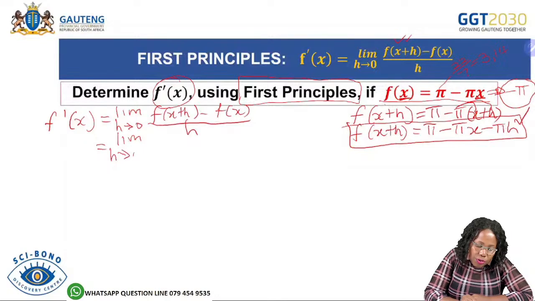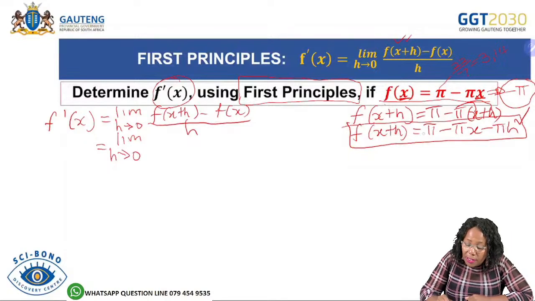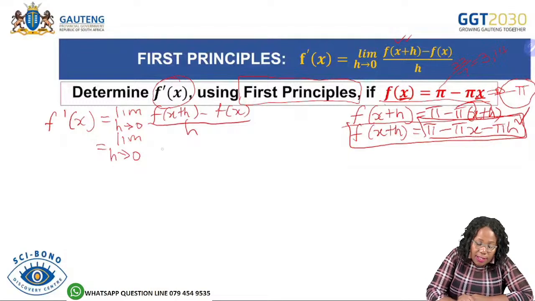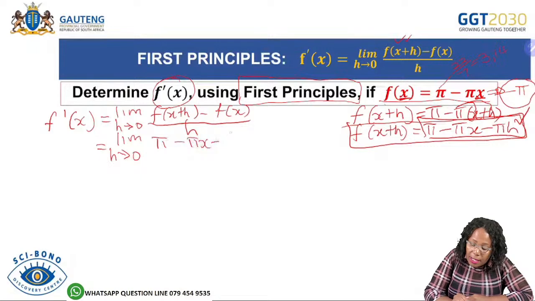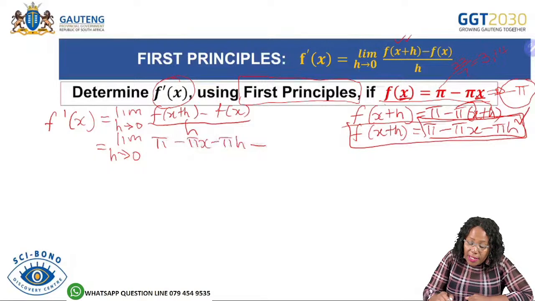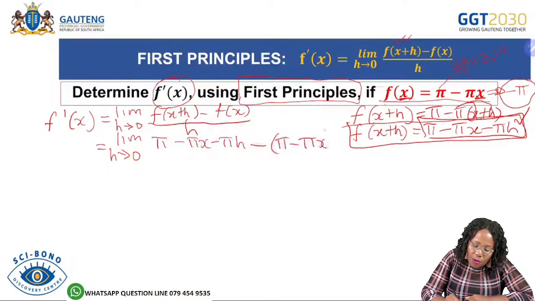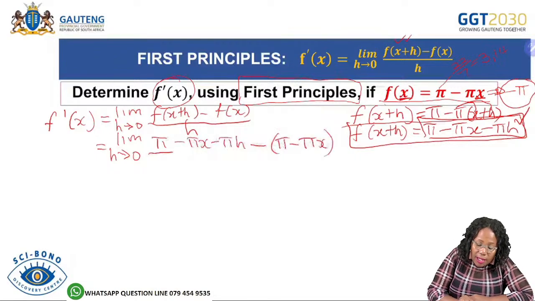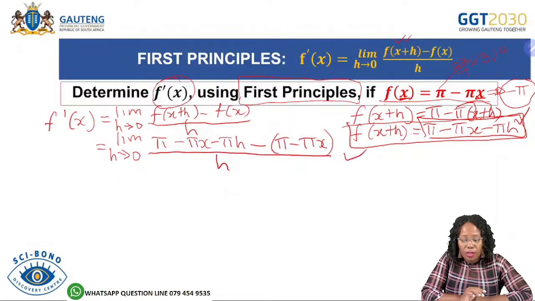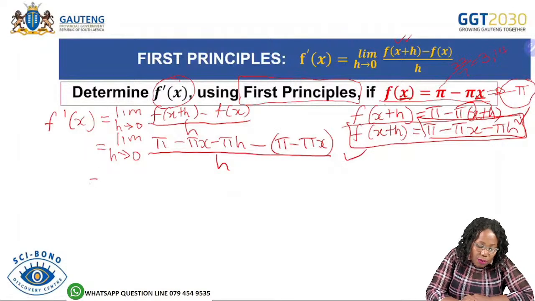Limit of h approaching 0. f at x plus h is that expression there, pi minus pi x minus pi h. Minus our f at x, which must be in brackets, that is pi minus pi x from the original given, and then everything over h.